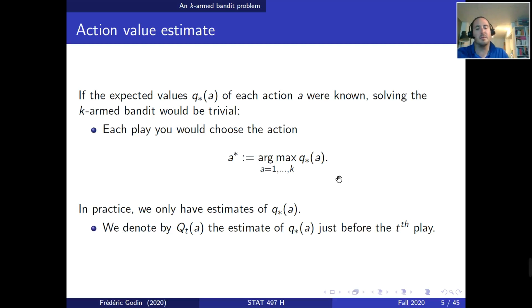These estimates will be denoted by Q_t(a). So Q_t(a) will be the estimate of q star a just before the t-th play. Let's say Q_3(2) would be the estimate of the expected value of lever 2 just before the third play. In practice, these estimates are known, but the true values are unknown.